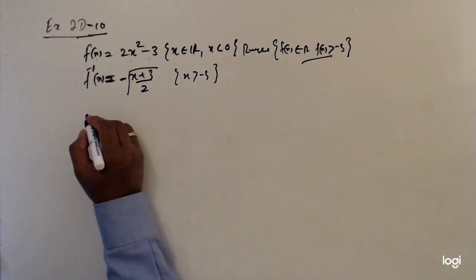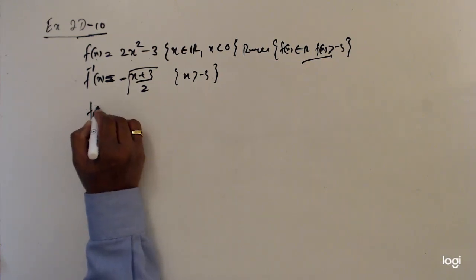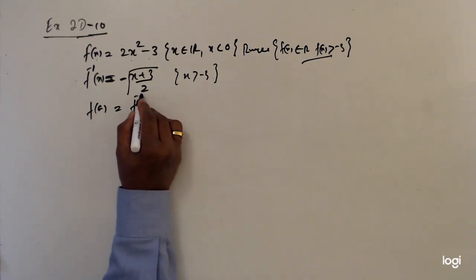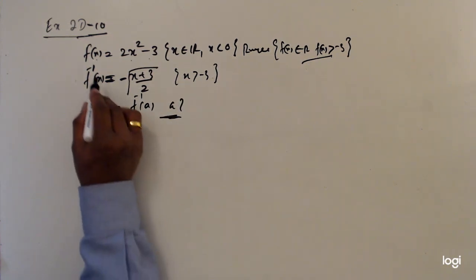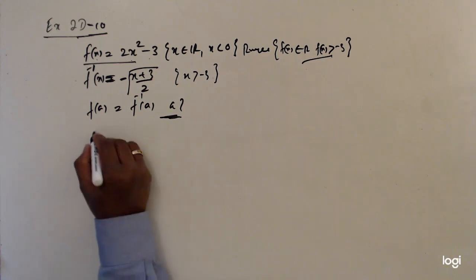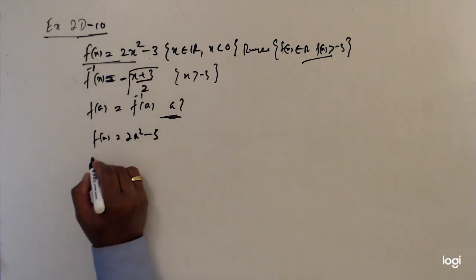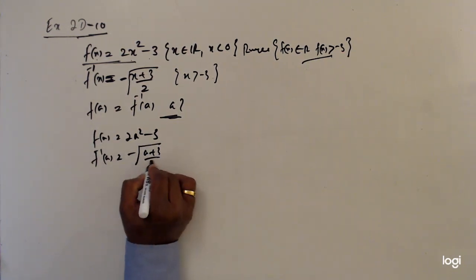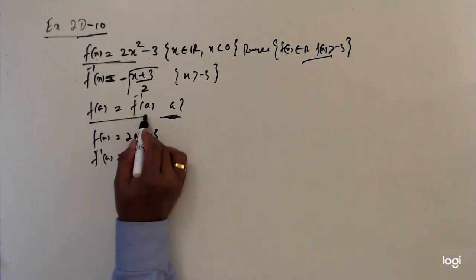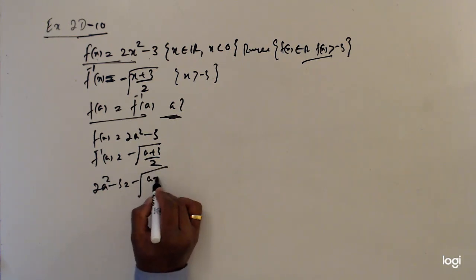Part B, there are two approaches. Usually, we want to show that f(a) = f inverse(a), and we need to find the a. So basically, if f(a) = 2a² − 3, and f inverse(a) = −square root of (a + 3)/2, then we want to make the equation 2a² − 3 = −square root of (a + 3)/2.